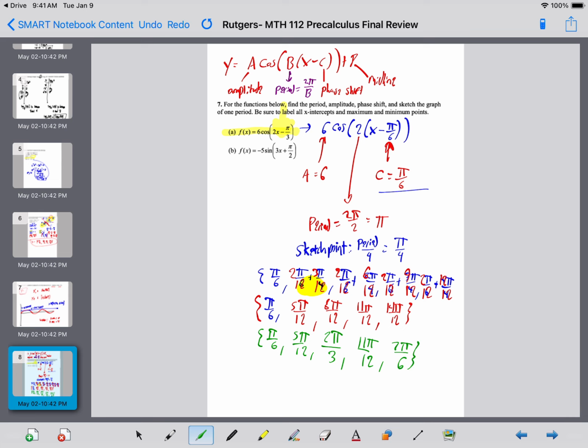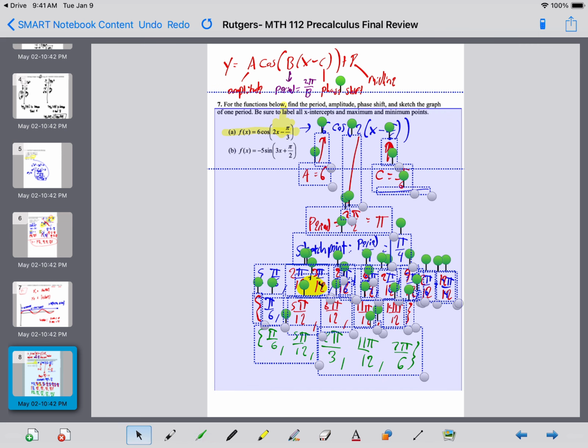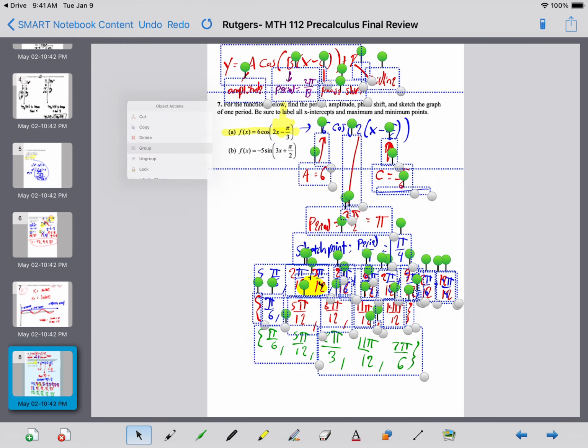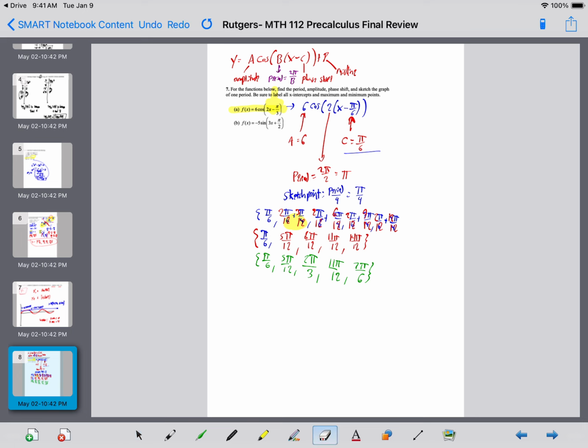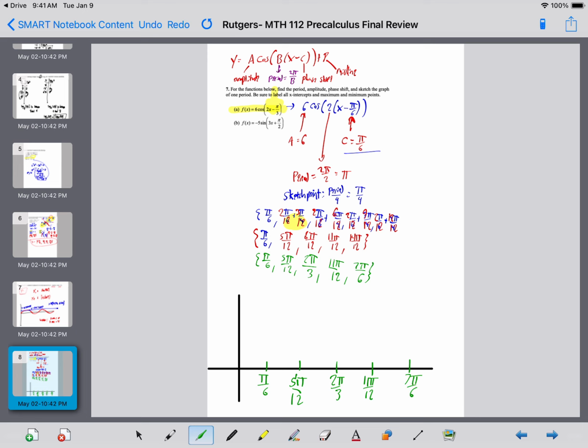So now we have the x values that it would be going up by. So we have pi over 6, 5 pi over 12, 2 pi over 3, 11 pi over 12, and 7 pi over 6.